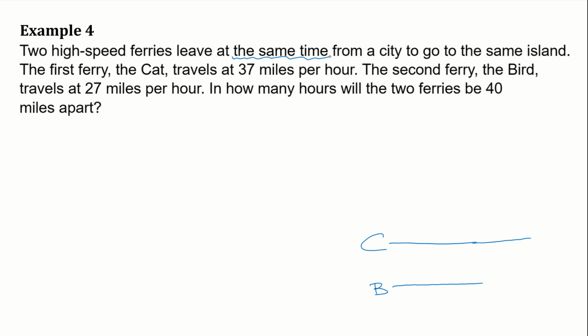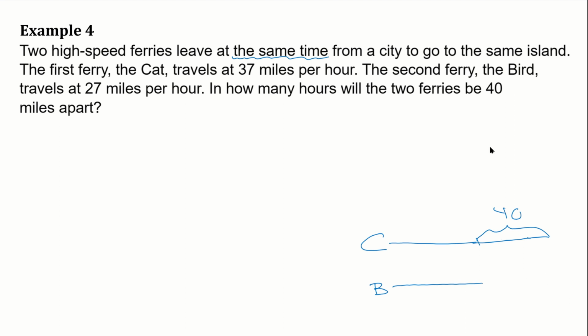So our question is, how far ahead? Well, how long will it take before Cat is 40 miles ahead of Bird? All right, so Bird is here, Cat is here, obviously 40 miles apart, okay?